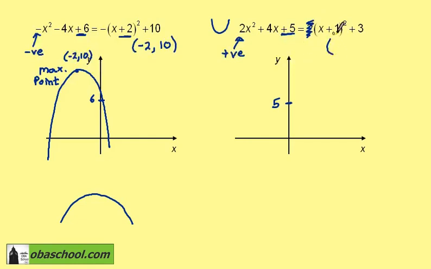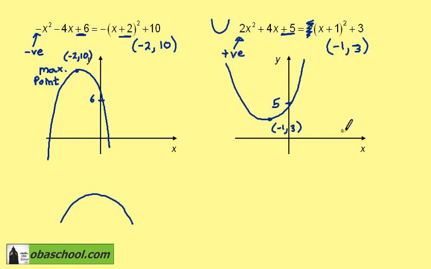It's at (-1, 3). So here's the minimum point at (-1, 3), and we know the shape of the curve, so we can produce the sketch.